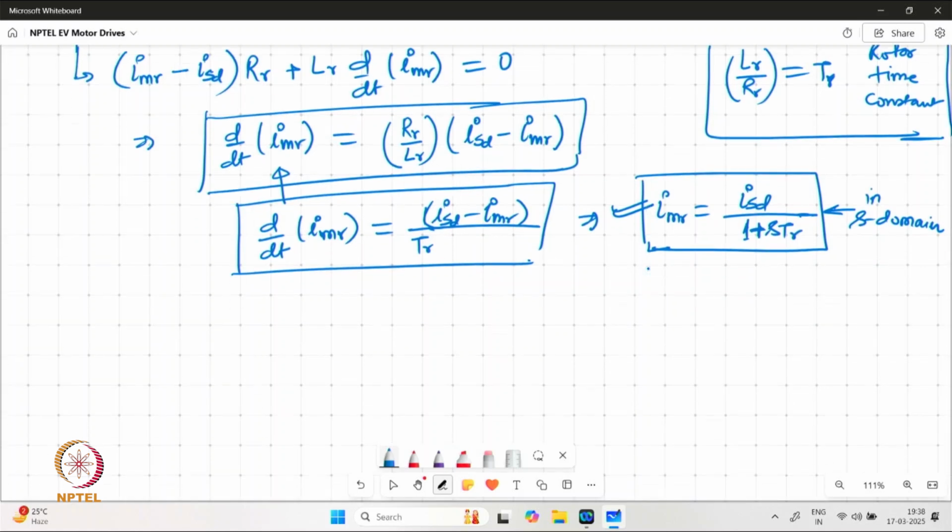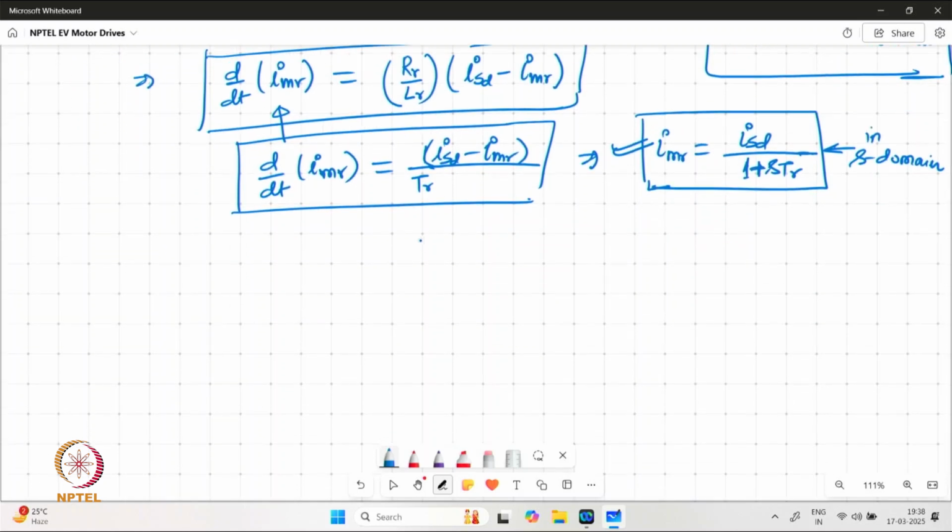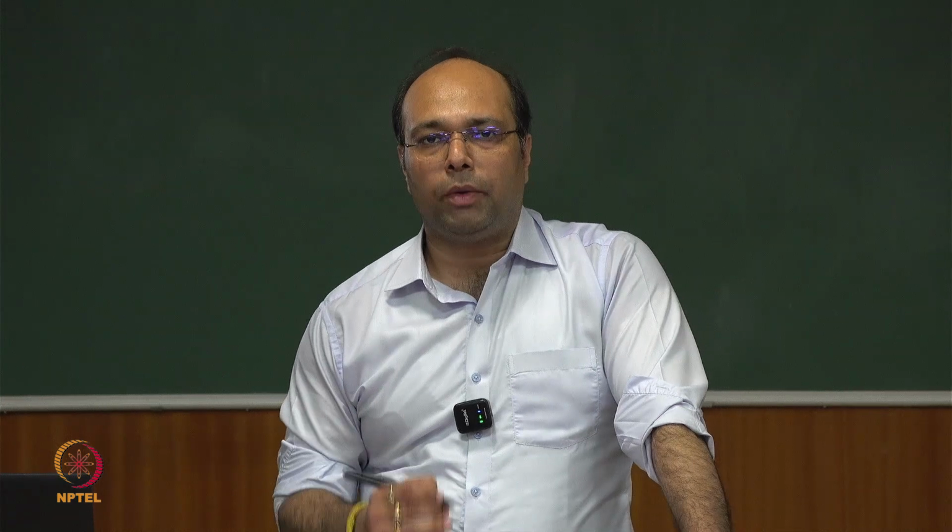So which essentially means that it is basically a low pass filter having corner frequency at 1 by TR, where input is going in form of ISD and output is rotor flux magnetizing current. So it gives us a way how IMR can be computed on basis of the measured three-phase current.